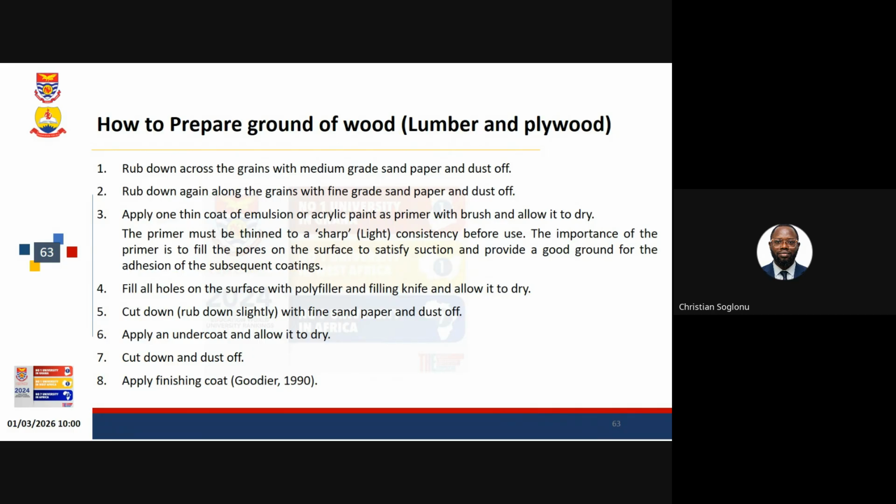Don't go against the grain. If you see the grain is going right, you follow to the right direction. If it is going left, you go to the left direction. You don't go to the opposite direction. So you can get the pattern neatly done on the surface.